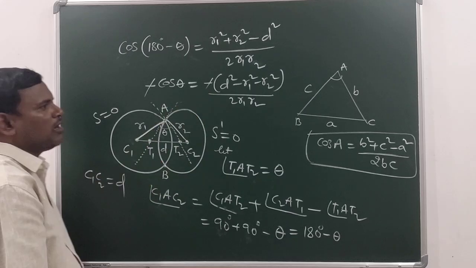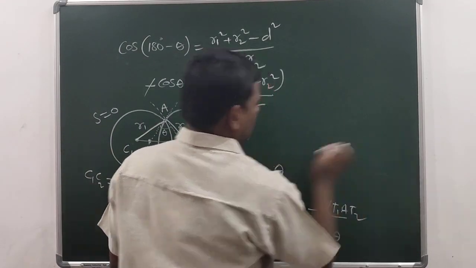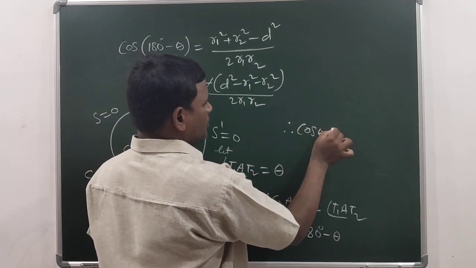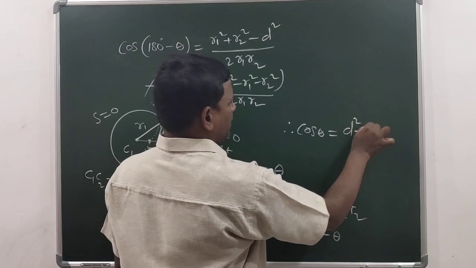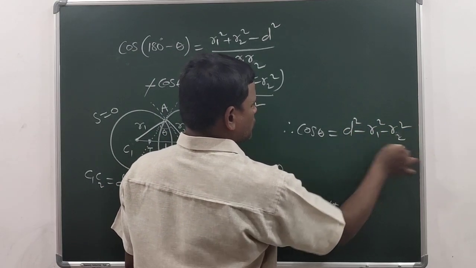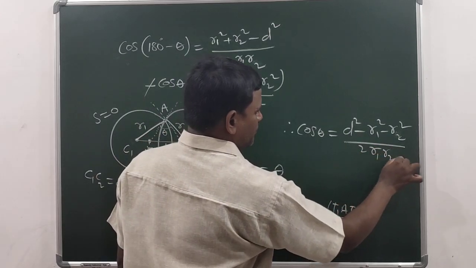So what you have got? Therefore, cos theta is equal to d square minus r1 square minus r2 square whole by 2r1 r2.